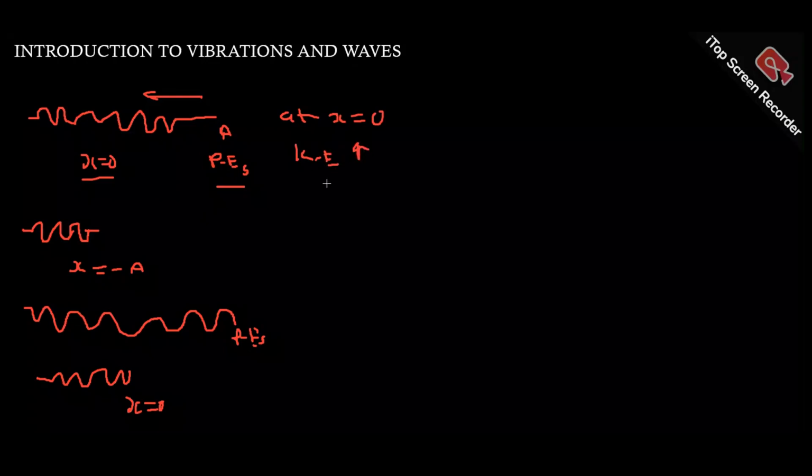Now since kinetic energy is the maximum, this means even velocity is going to be the what? Is going to be maximum. Okay, so at x is equal to 0, v is the maximum. Okay, so those are the things you're supposed to know.